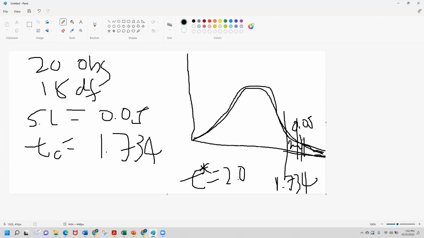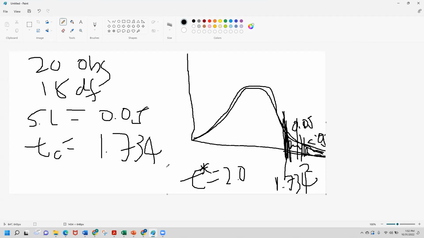And of course you know that the probability of anything higher than 2.0 is less than 0.05, because 0.05 is already way up to the left of 2. So if this is 2, then this area is less than 0.05. That's what it means.